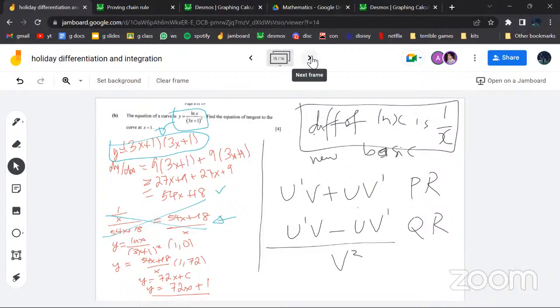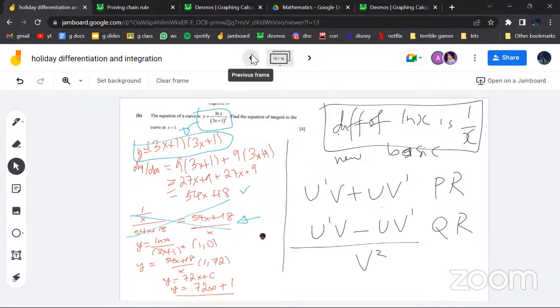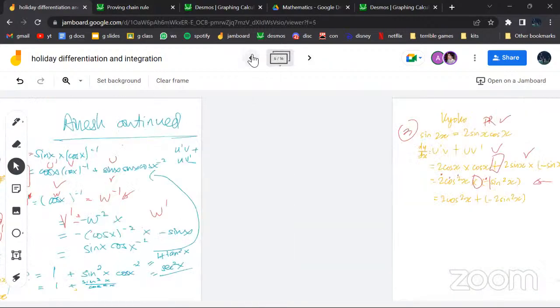This is something over something. This is something over something. When we were doing this, look at page 4, Anish, right? Look at page 4. Are you there?